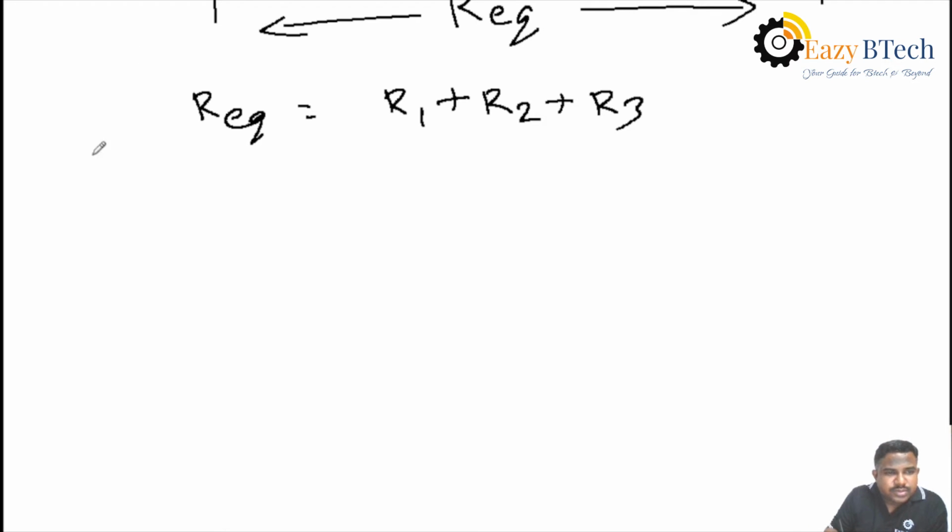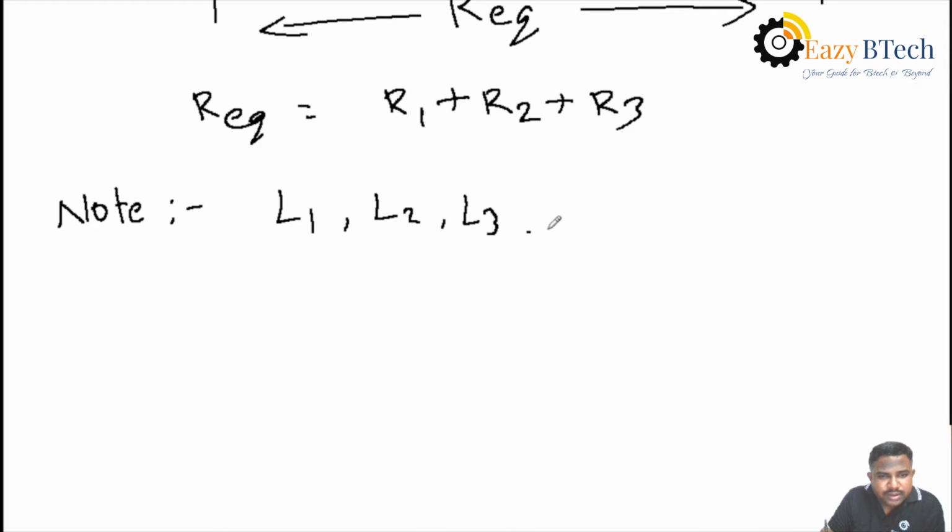In a similar manner, the inductances L1, L2, L3, and so on up to Ln are connected in series connection. Then how do we find the equivalent inductance?